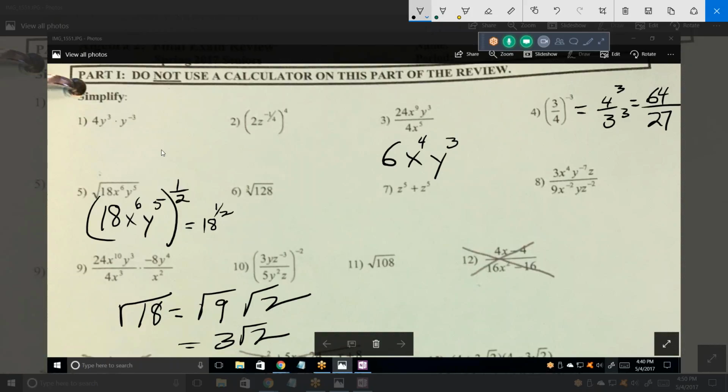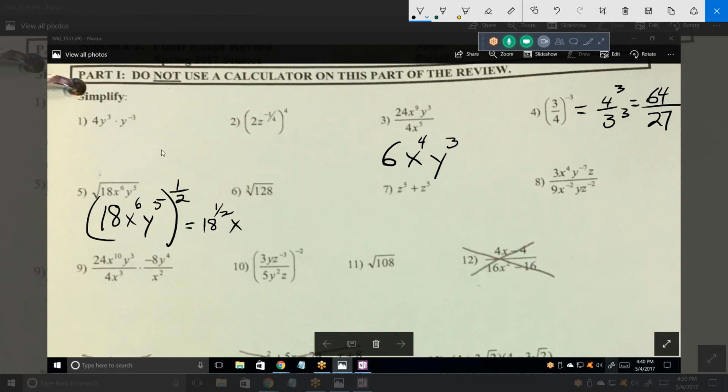Okay. And I would have done that, but you got to give me a chance to get to it. In other words, we're doing one step at a time. Okay. I'm just writing it as 18 to the 1/2 because that's what it is, 18 to the 1/2. Now, what's the x term going to be?